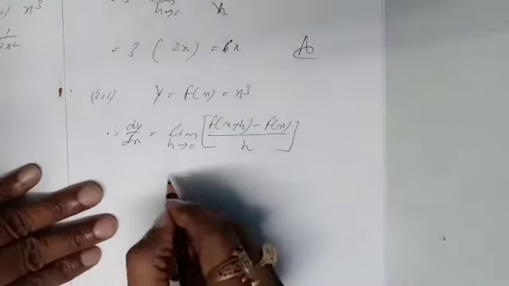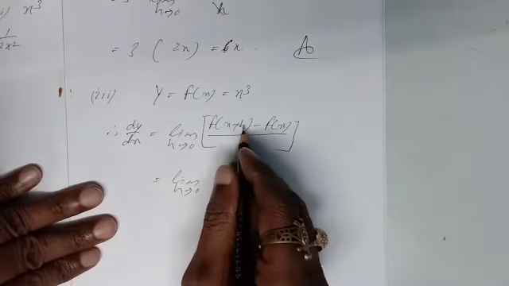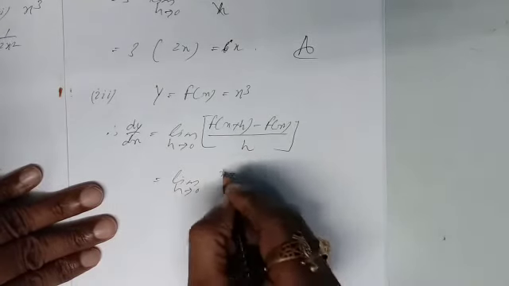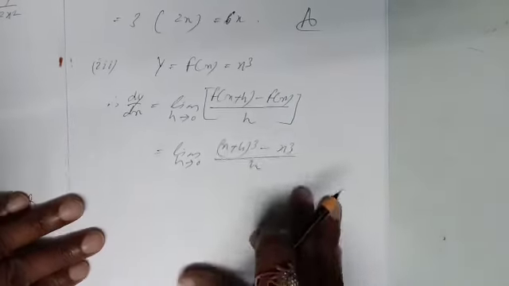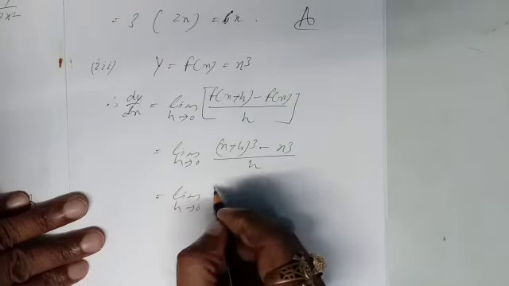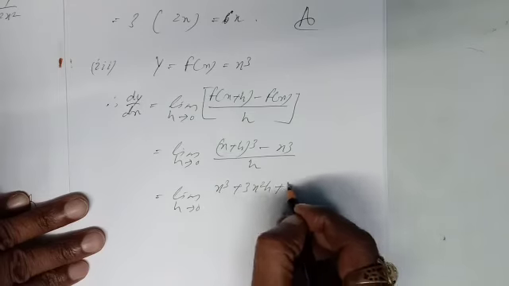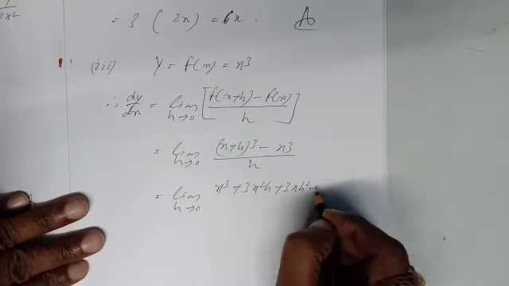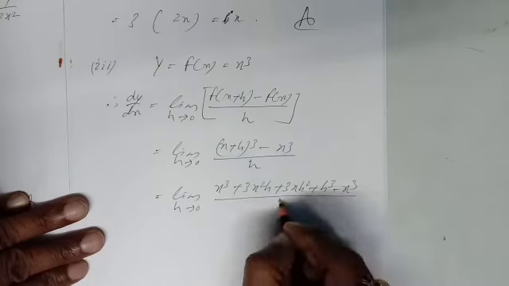Limit h tends to 0, x is replaced by x plus h, that means x plus h whole cubed minus x cubed by h. Breaking x plus h whole cubed, this will be limit h tends to 0, x cubed plus 3x squared h plus 3x h squared plus h cubed minus x cubed by h.